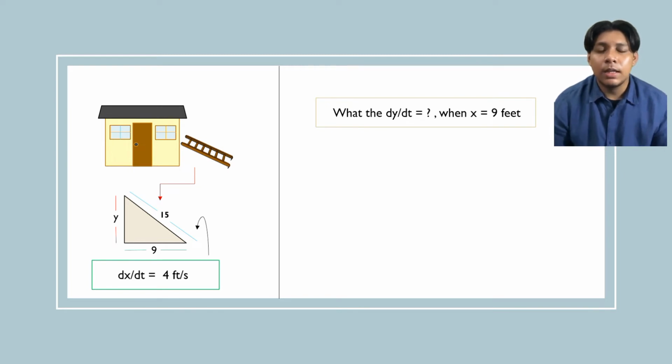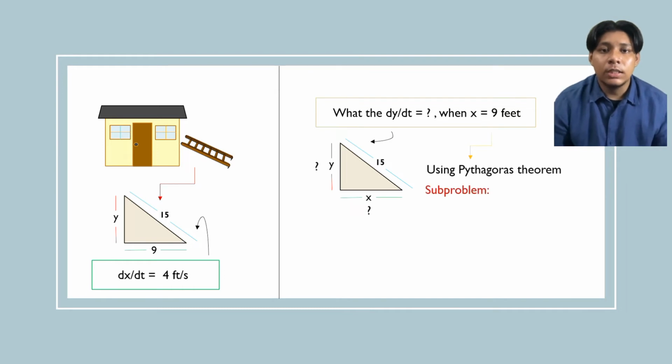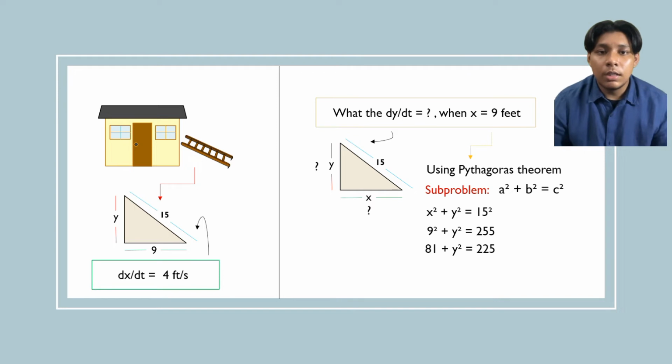To complete the sub-problem, we have to use the Pythagoras theorem, which is a squared plus b squared equals c squared. We substitute a with 9 and c with 15. 9 squared equals 81 and 15 squared equals 225.